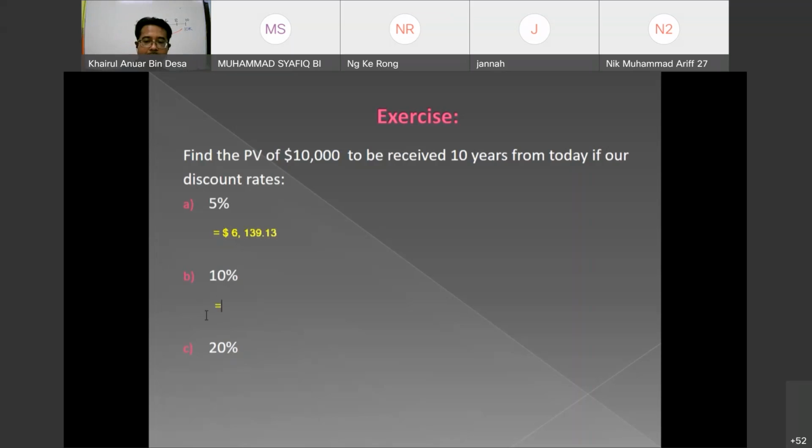Second one. I want to call Chua Kia Q. Chua. Hello, sir.